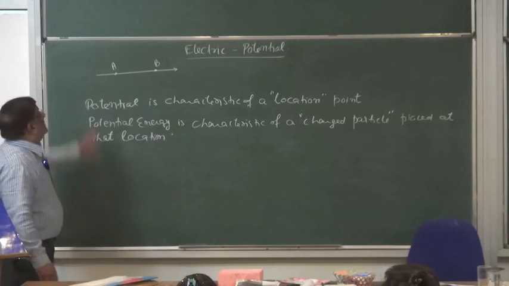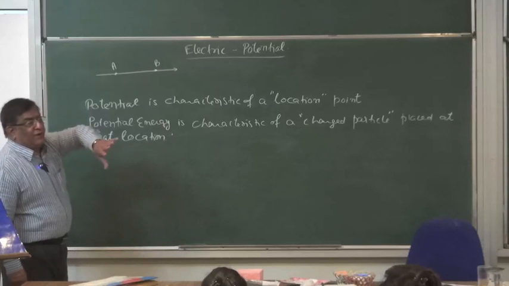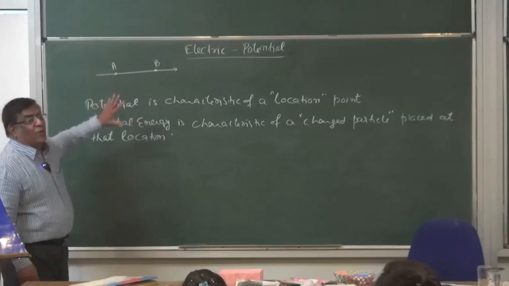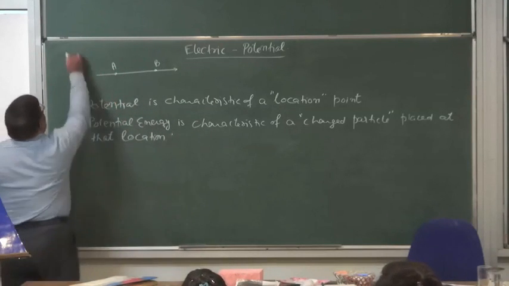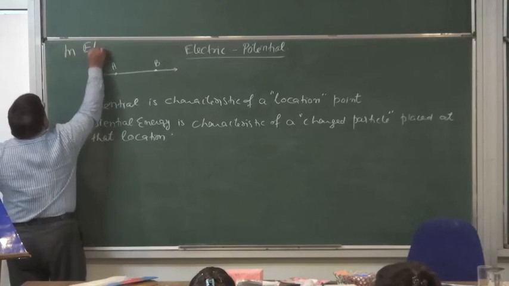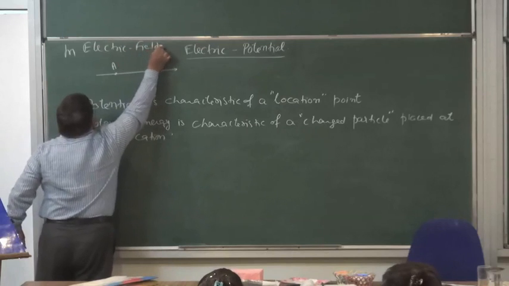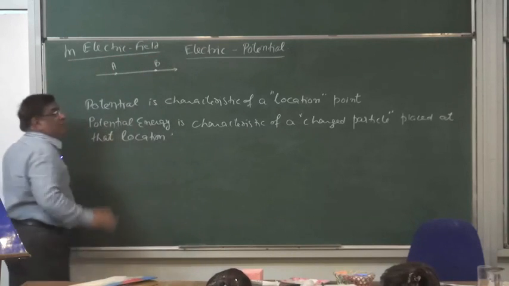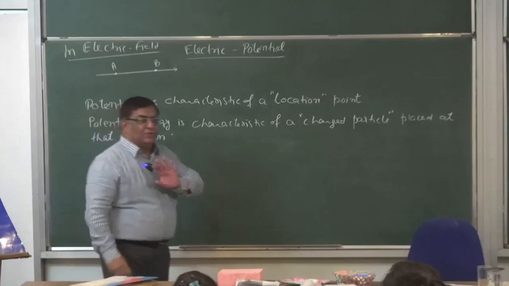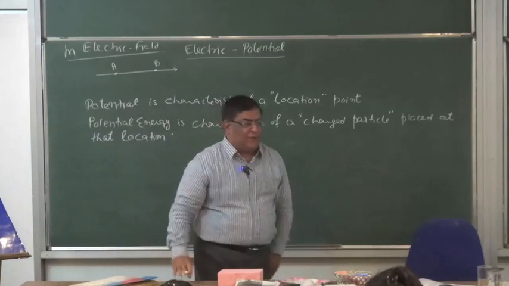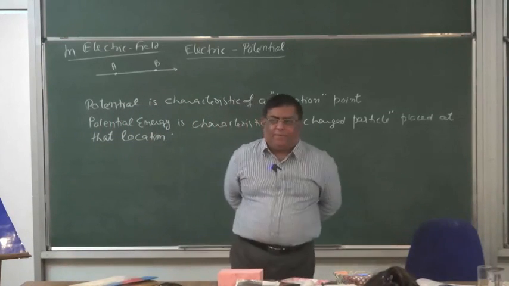Okay, one thing is understood very well. Where is all this happening? In, yes, all around, what is there? Electric field. If there is no electric field, there is no potential. Understand? Okay.